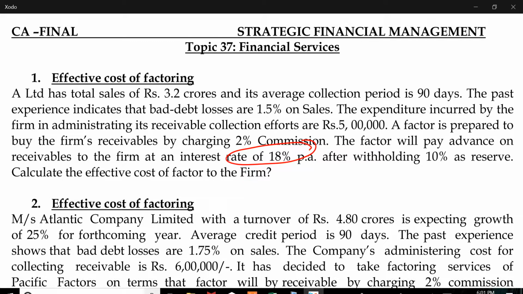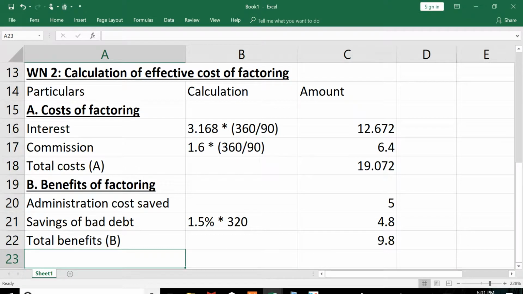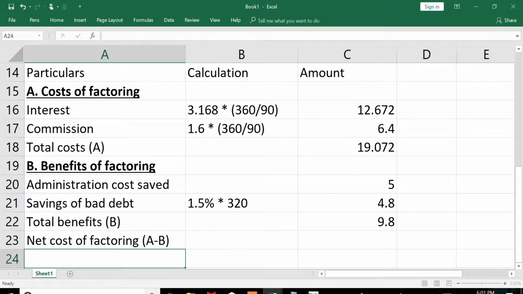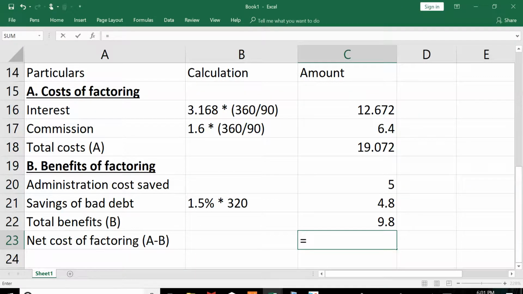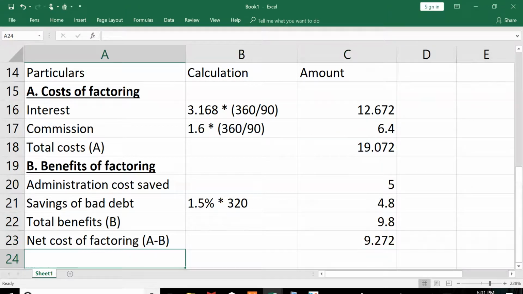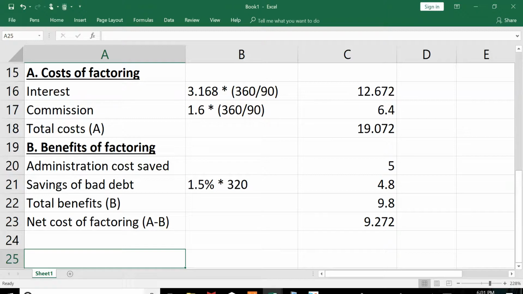So the normal scenario is that the arrangement is going to be without recourse, so it's going to be a saving per se. So net cost of factoring is A minus B. Net cost of factoring is 9.272.